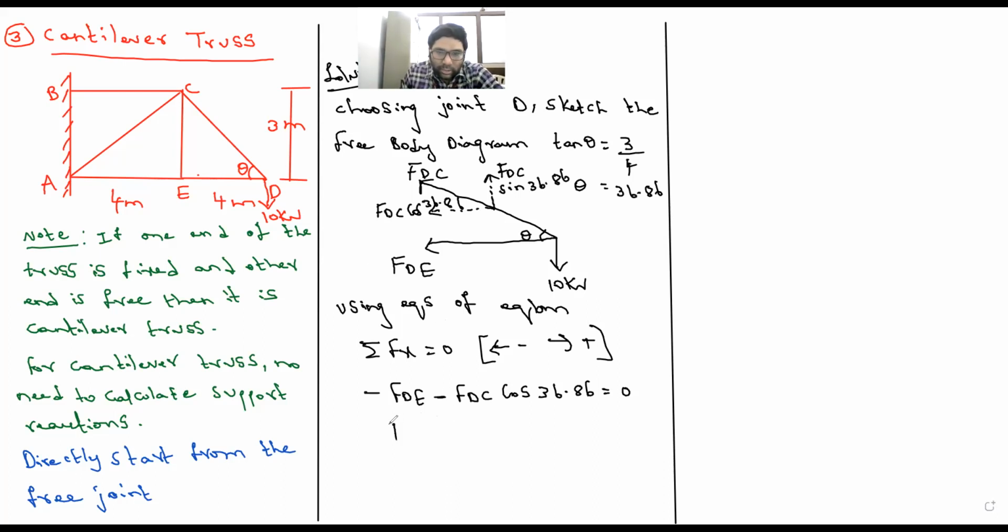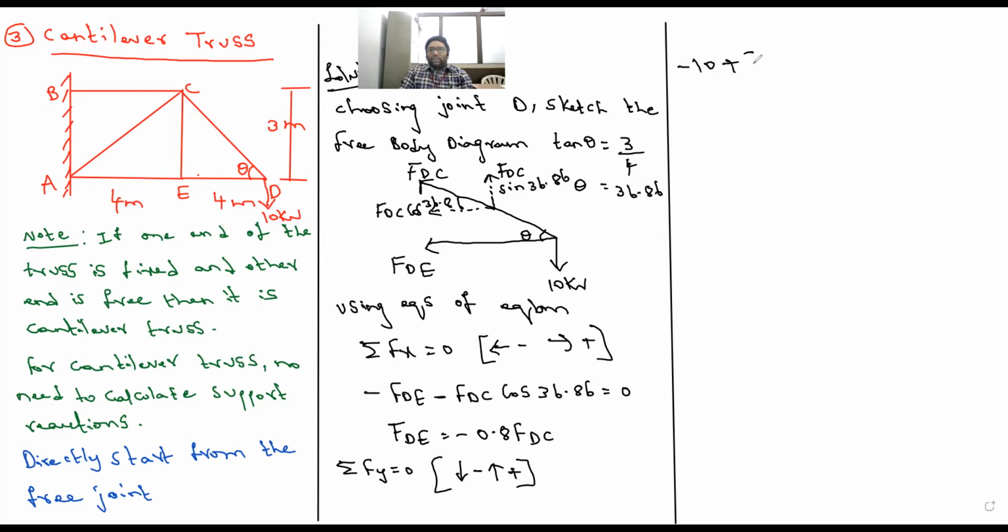So from this, FDE is equal to minus 0.8 FDC. Okay. Now, sigma Fy is equal to 0. So here, downward negative and upward positive. What do we need to take here now? In this, what are the loads acting? 10 kilonewton downwards, right?